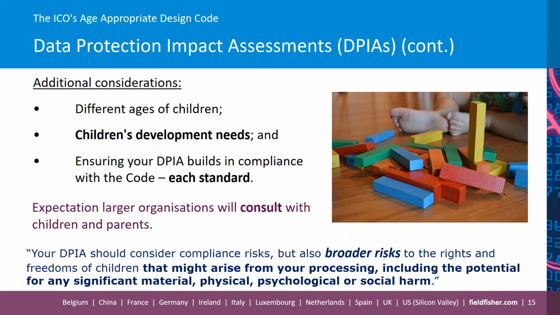And this is underlying what Leonie said at the outset, that the code is part of a broader picture. Whilst the code is focused purely on data protection, you do need to consider the influences and the rights and freedoms of children that could arise from your processing, which includes the potential for any significant material, physical, psychological, or social harms.